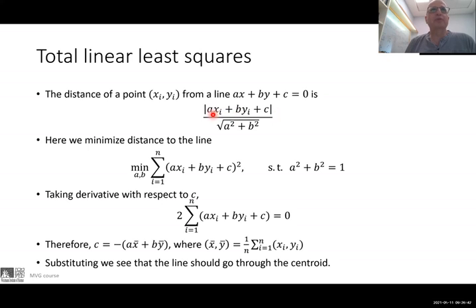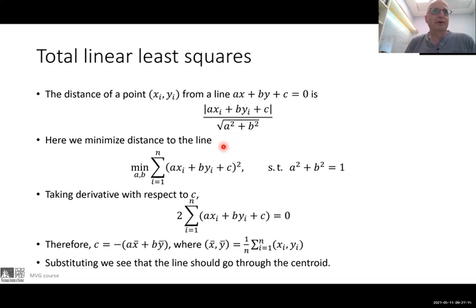But we also need to normalize the coefficients of the line, a and b, so we need to divide by the square root of a squared plus b squared. If we don't do that, we obtain a scaled distance. Since we don't know what a and b are, we have to normalize. Otherwise, we may get the wrong line in the minimization.